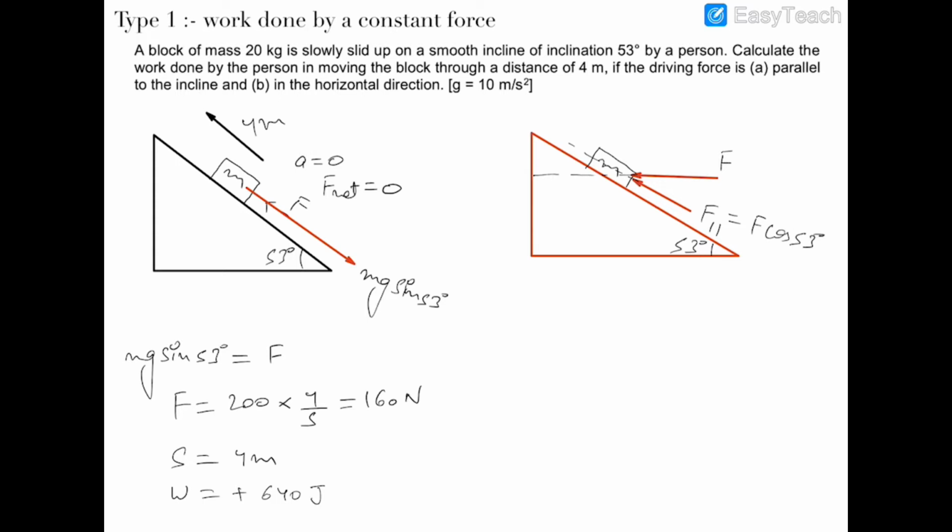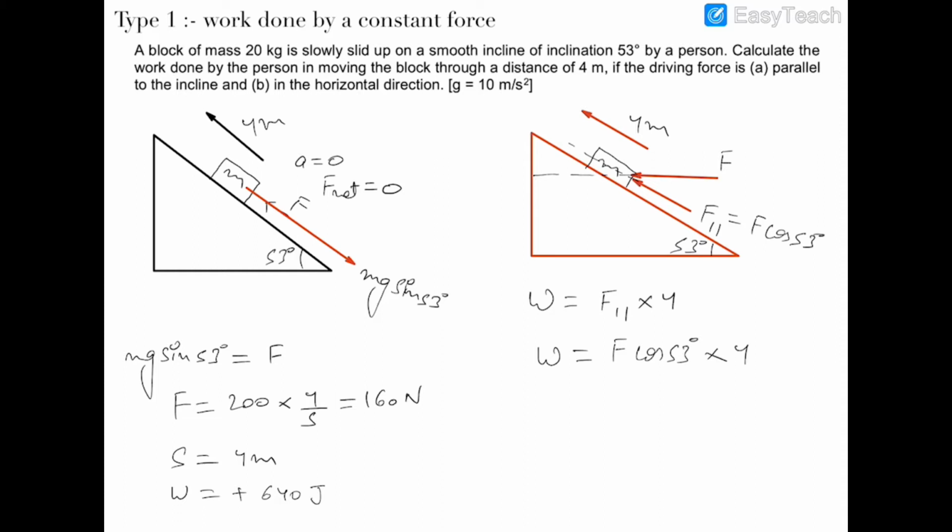Now we know that work done is always the product of the force and displacement which are parallel to each other. So this F parallel is being multiplied by 4 meters, which is the displacement along the inclined plane. This work done will hence be equal to F cos 53 into 4 meters.